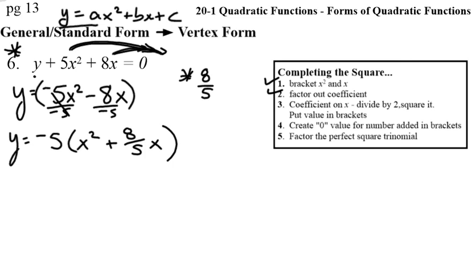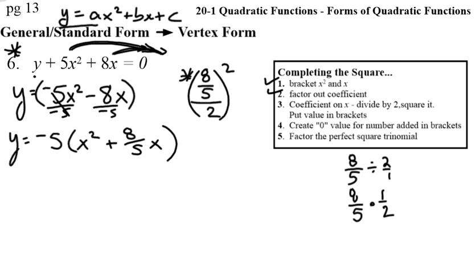Little bit uglier because 8/5 needs to divide by 2 and be squared. This fraction work at this point shouldn't be overly complicated. Dividing by 2, remember, is the same as multiplying by the reciprocal. So we get 8/10. And what do we have to do with that 8/10? We need to square it, which is 64 hundredths.